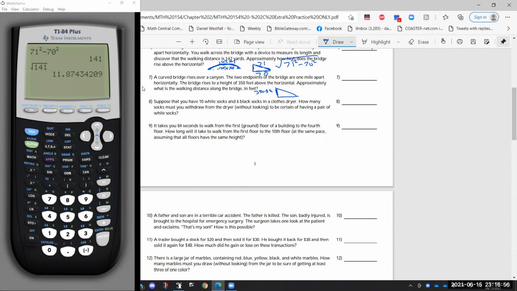Half of a mile would be half of the bridge. If the bridge has a span of a mile, half of that span is going to be half a mile.